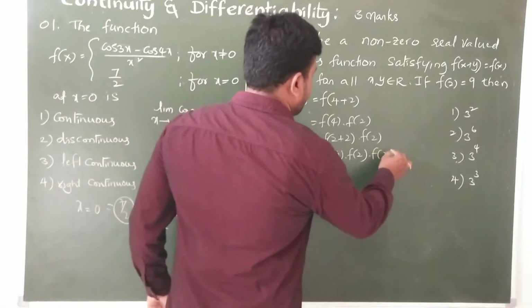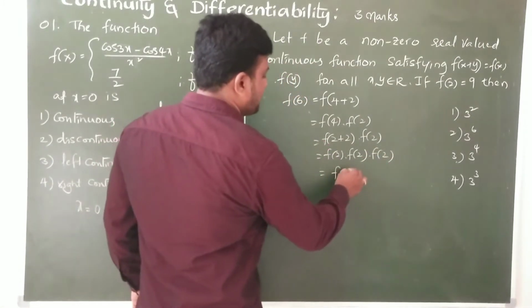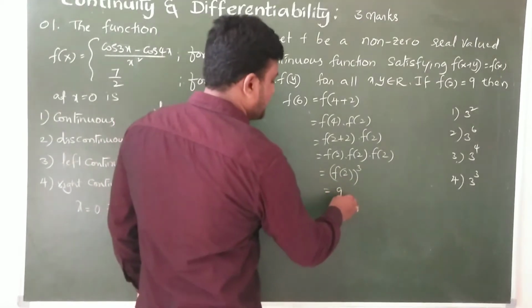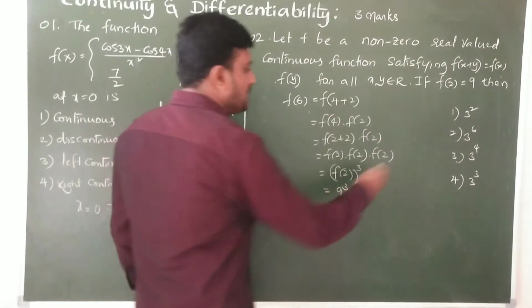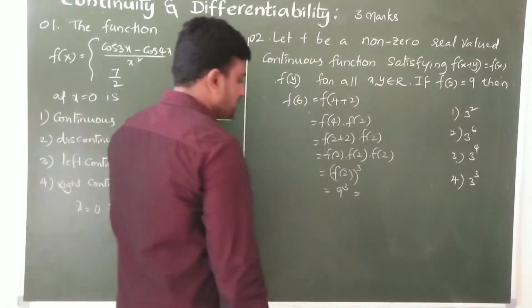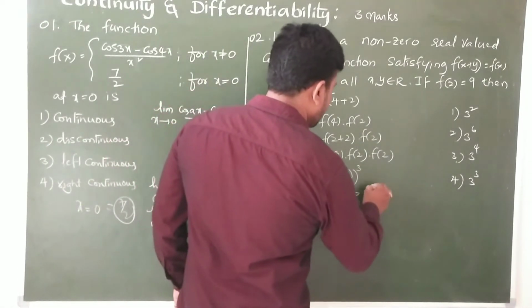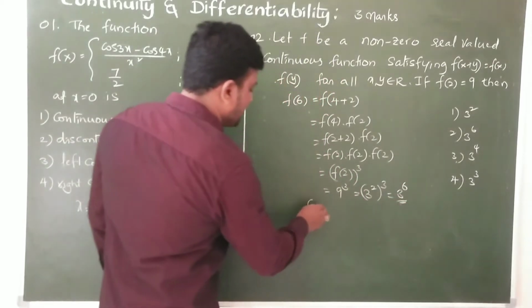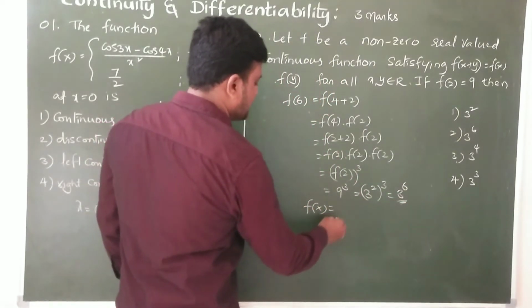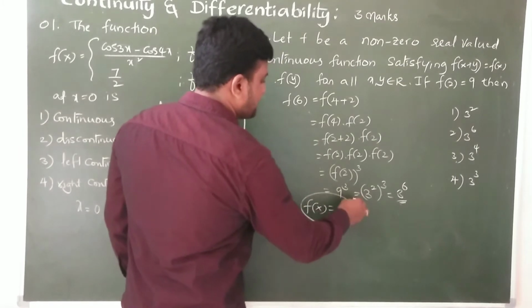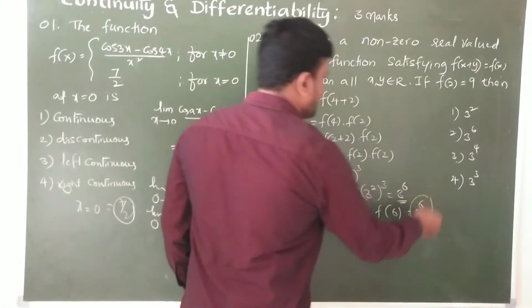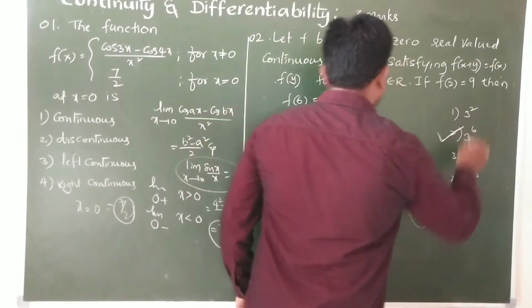Now it is f of 2 whole cube. Then f of 2 is 9, so 9 cube, which is 3 power 2 cubed, that is 3 power 6. Here observe f of x equals 3 power x. Then f of 6 equals 3 power 6. The second option is the right answer.